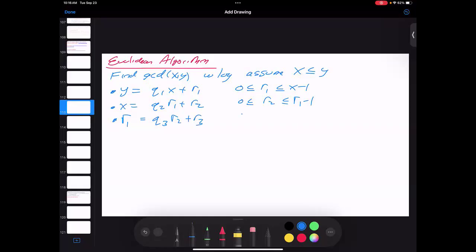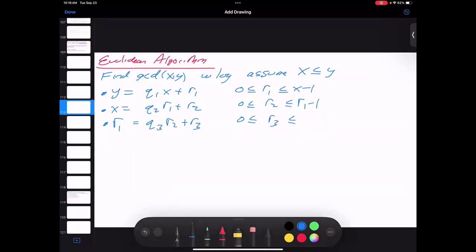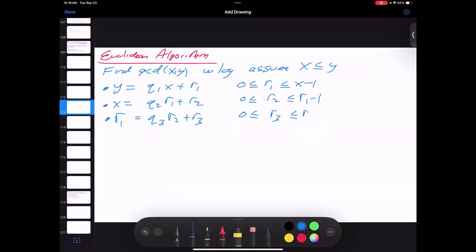How large could R3 be? R2 minus 1. And we just keep going. Now we can write R2 as a multiple of R3 plus a remainder.